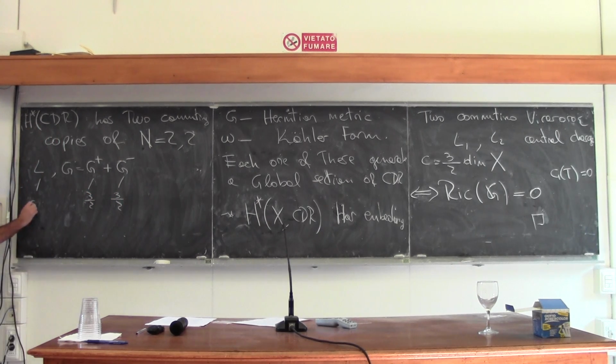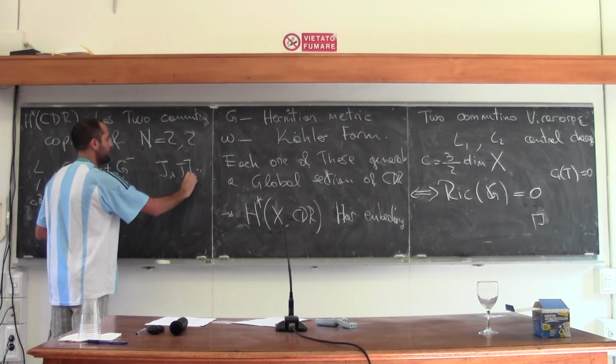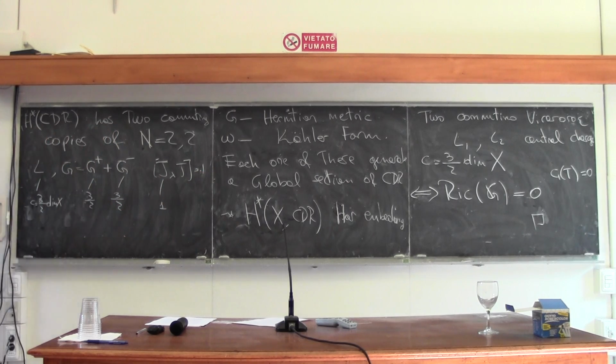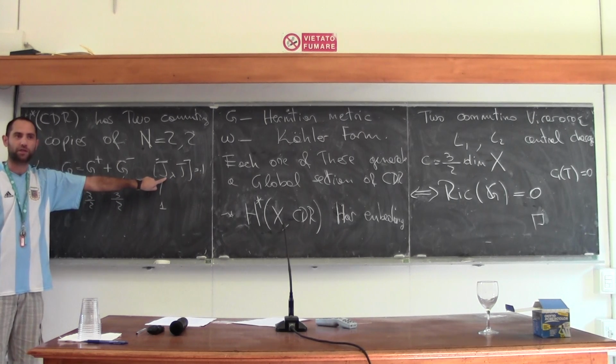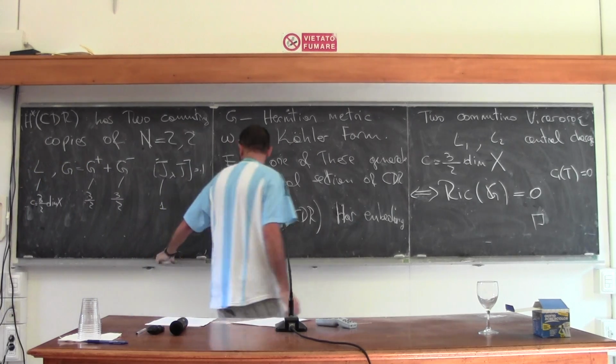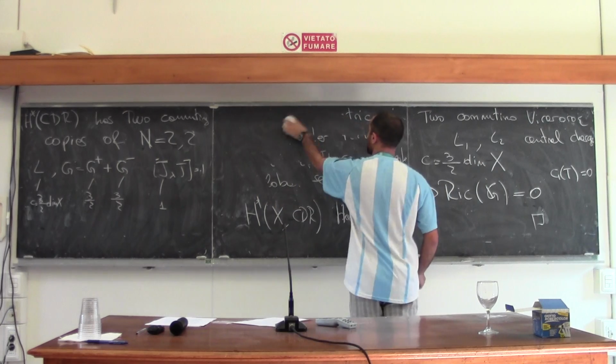It has central charge 3 times the dimension of X. And there's an extra U1 current, J, which has conformal weight 1. So what's going on? J is associated to the complex structure. These two, G plus and G minus, are associated to del and del bar. And L is associated to the Laplacian, kind of. But I have two commuting copies of that vertex algebra.